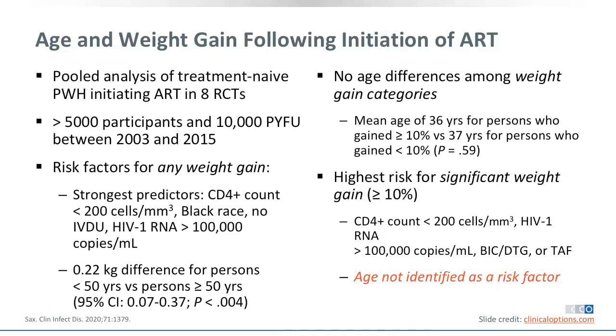They stratified for people with more than 10% weight gain, and age. An older age was not associated with a higher gain. And the factors associated with a significant weight gain, more than 10% of the body weight, were again a low CD4 cell count, a high viral load, and being treated with bictegravir, dolutegravir, or TAF. So age was not identified as a risk factor.